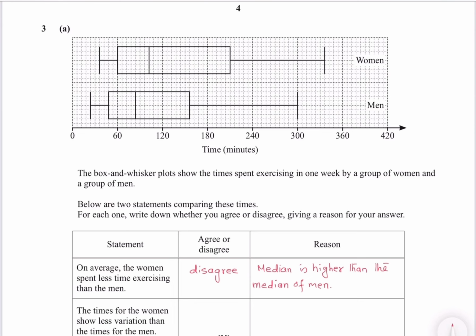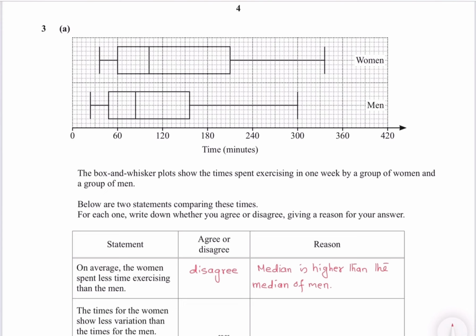Time for the women shows less variation than the time for the men. Alright, how can we do this? It says time for women shows less variation. So this can be concluded from the interquartile range. So you have all the values, upper quartile minus lower quartile, and this looks very simple.